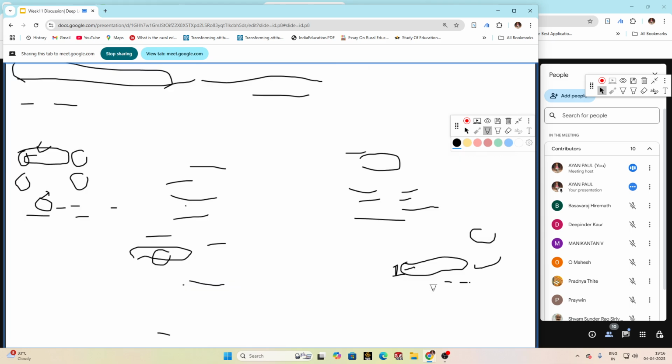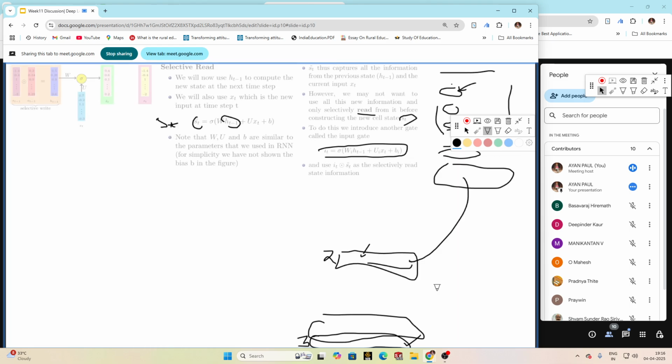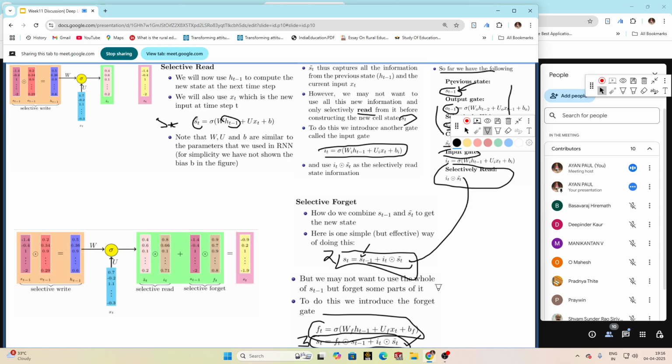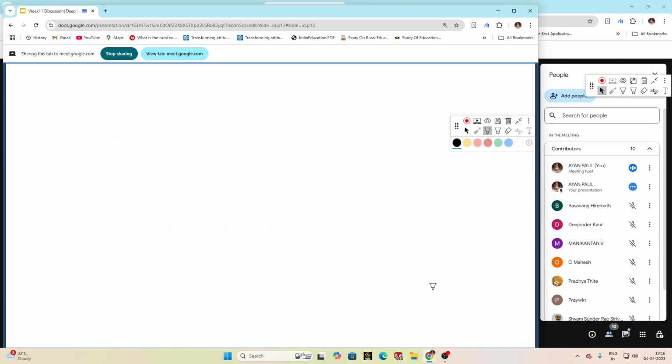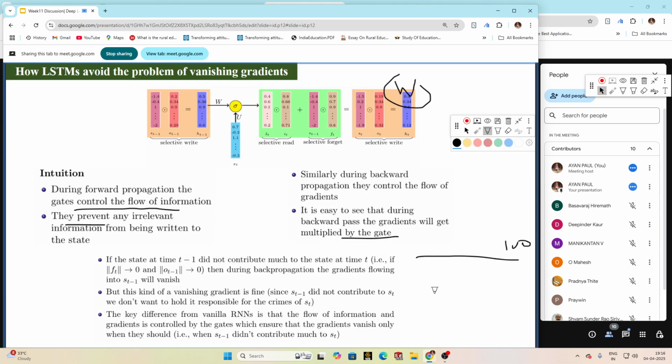But now, as we multiply the gate with the forward propagation, this helps in the backward propagation. Why does it help? Because whenever we do backward propagation, we will not have this full long chain of gradient.